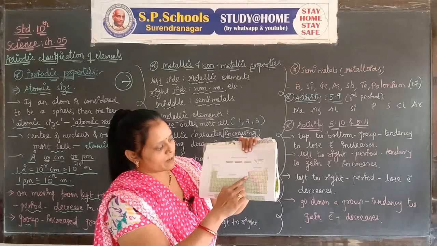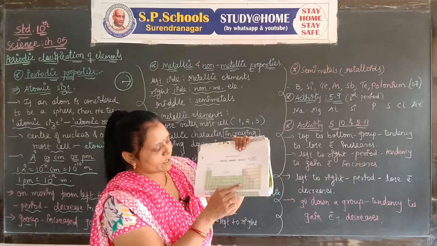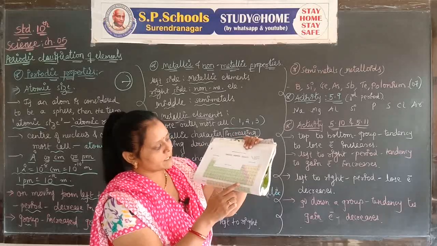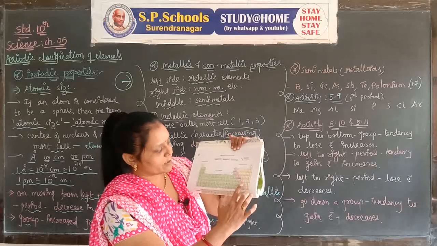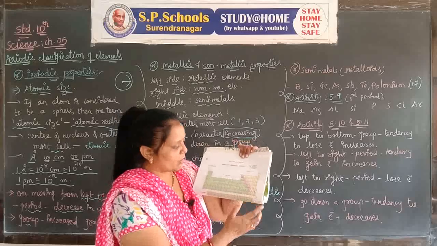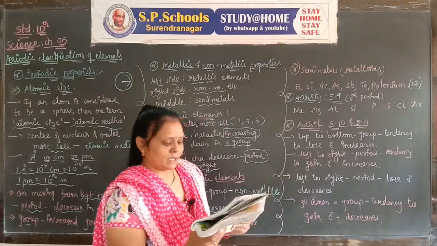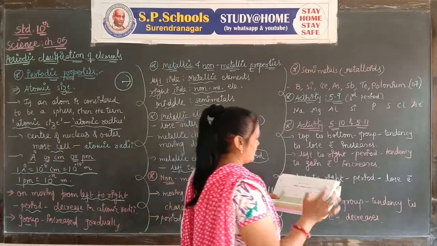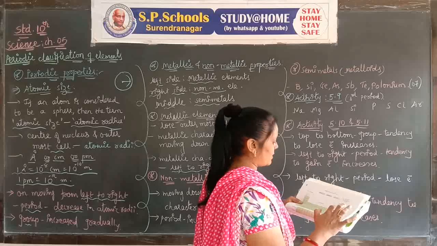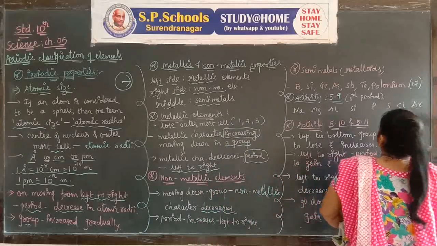Boron, silicon, germanium, arsenic, antimony, tellurium and polonium. Counting 1 2 3 4 5 6, 6 can occur; Sb does not occur.